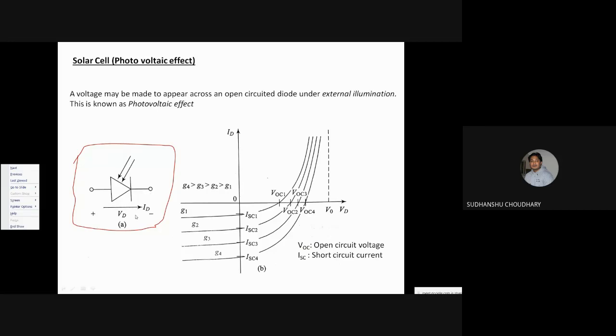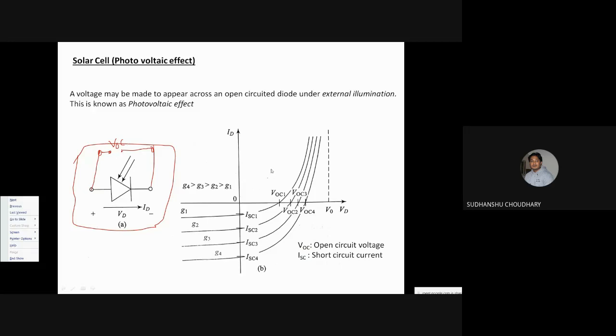So when light is shown over this solar cell, it produces an open circuit voltage on these two terminals, and this open circuit voltage can be used to drive any device.